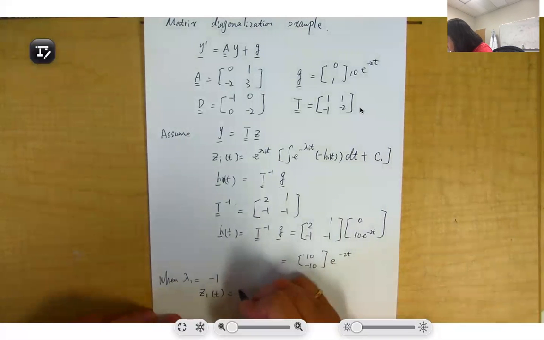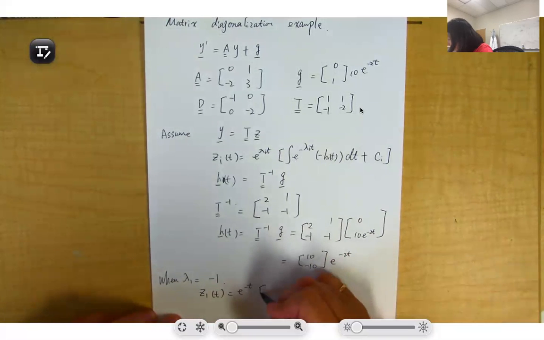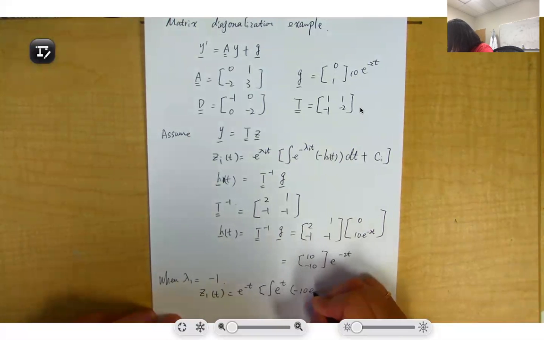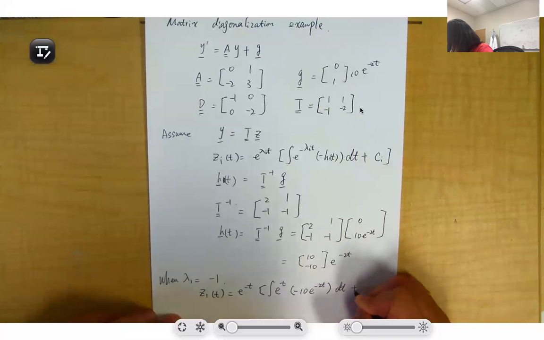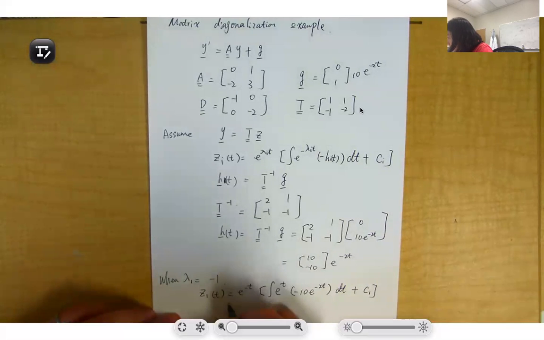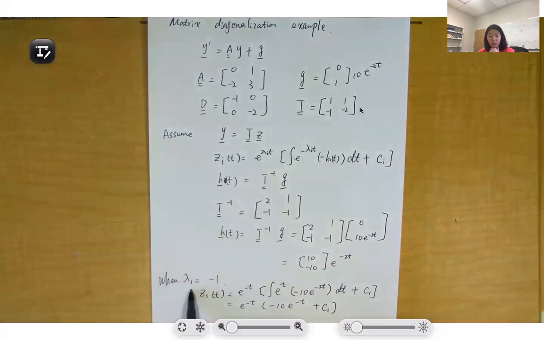So that will be e^(-t), since lambda 1 equals -1, times the integral of e^t times h1(t), which is 10e^(-2t), dt plus c1. Then we get e^(-t) times (-10e^(-t) plus c1). So that is when lambda 1 equals -1.